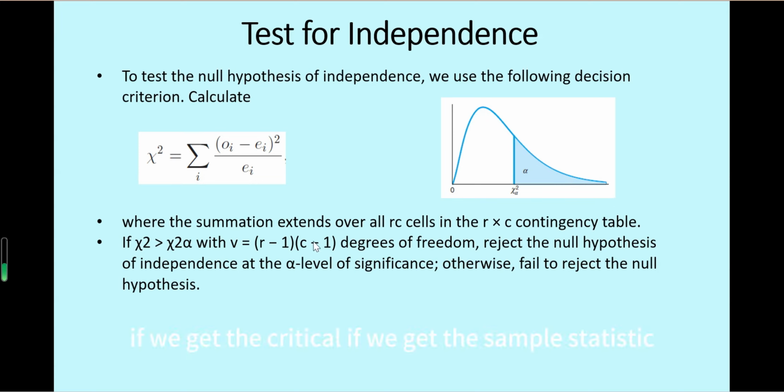So if we get the sample statistic chi-square larger than this value, we will say the test is significant, or we will reject the null hypothesis that the two variables are independent. Otherwise, if we get the sample statistic less than this critical value, or say the test statistic stays in this white area, then we will not reject the null hypothesis, and we will say we hold the null hypothesis that the two variables are independent.